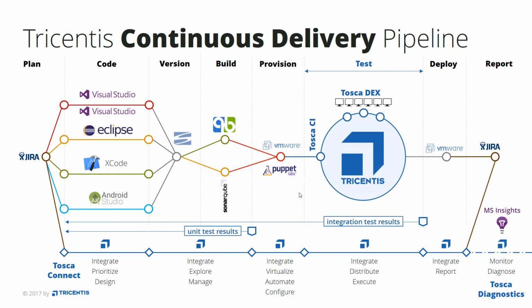Maybe you have already seen this continuous delivery pipeline from Tosca, where we have the planning, the coding, the versioning, the building, the provisioning, deploying and reporting, and in the middle we have the huge testing. So first we integrate, then we do some tests, we do the explore, manage, the virtualization, the automation, and even the distributed execution, the reporting, and the monitoring.